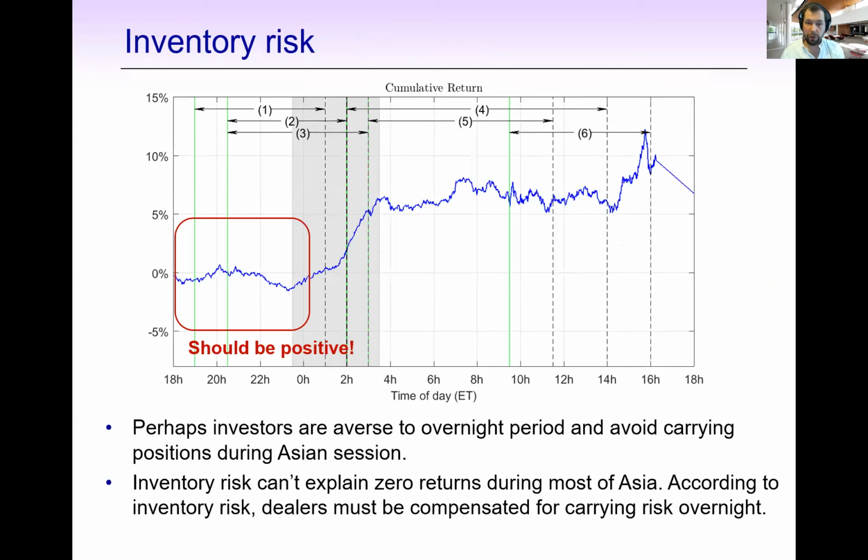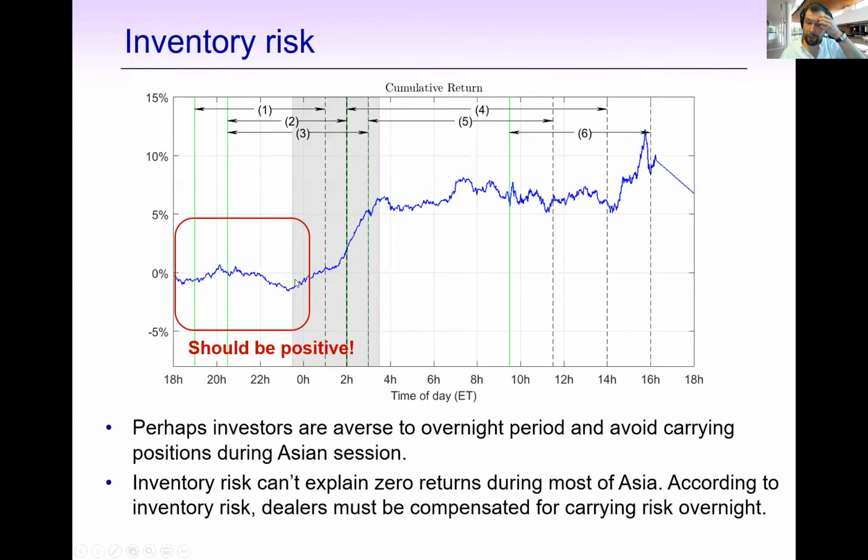So according to inventory risk, the average return should be positive during the entire overnight period, not just during EU open. But what we see is that average returns are just zero, even slightly negative during the Asian period. This is consistent with uncertainty resolution. This is not consistent with inventory risk. Inventory risk means dealers holding positions overnight. Every hour you hold the position, you must be compensated. Otherwise, there will be free riders.